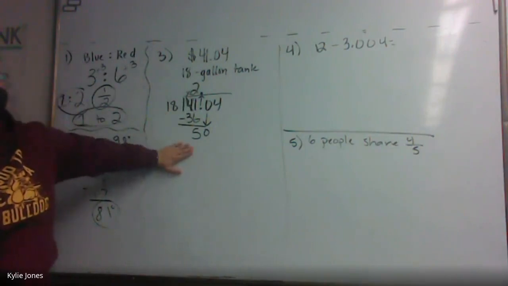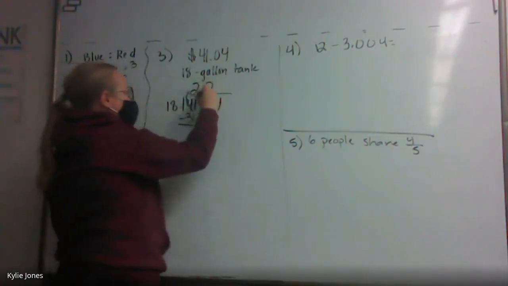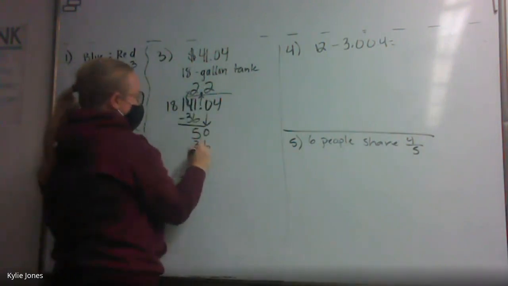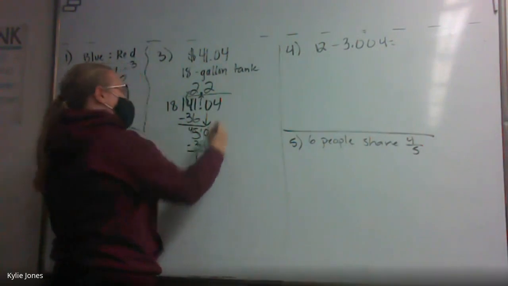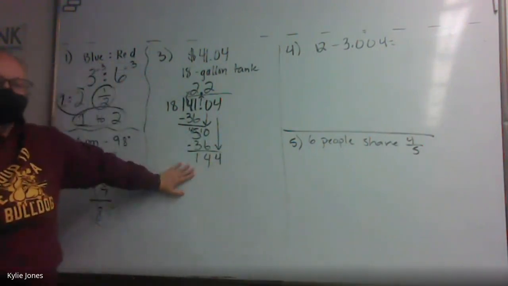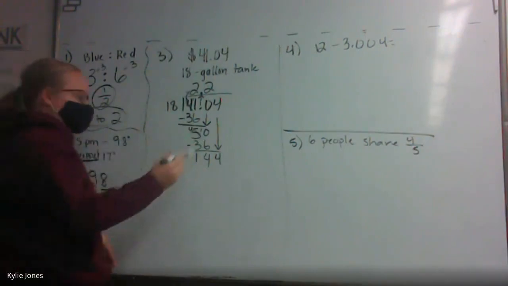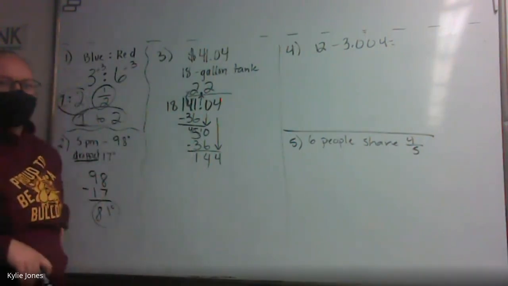Does 18 go into 50? Yes. How many times? 2 times. Twice again? Okay, and we have our 36. This time we get 14. Drop down our 4, 144. Does 18 go into 144? Yes. How many times? I'm hearing a lot of different ones.